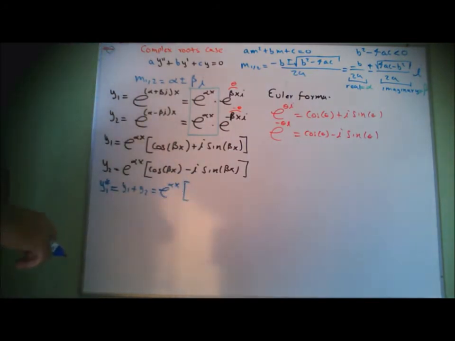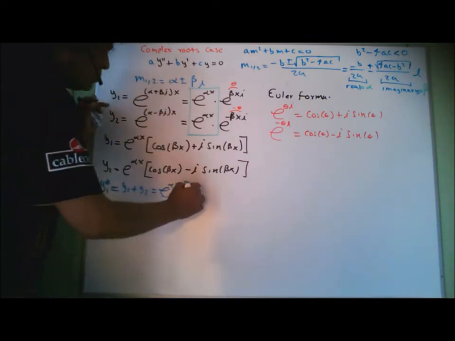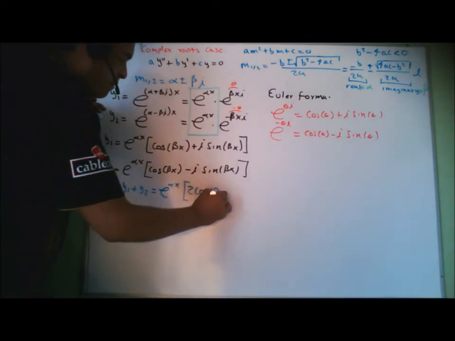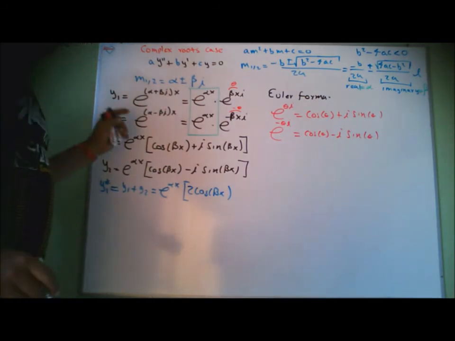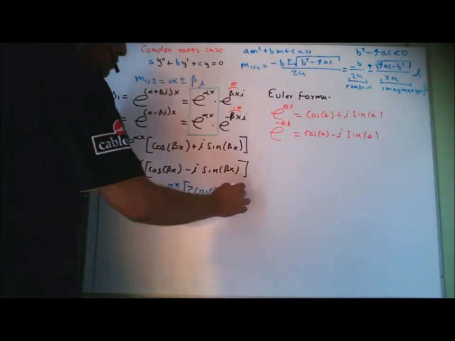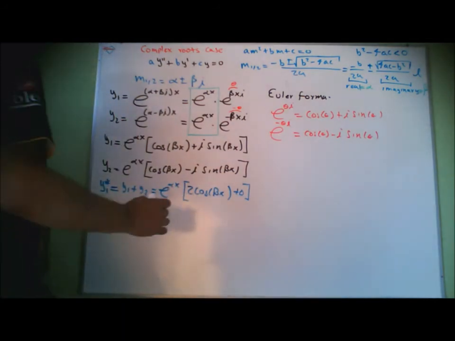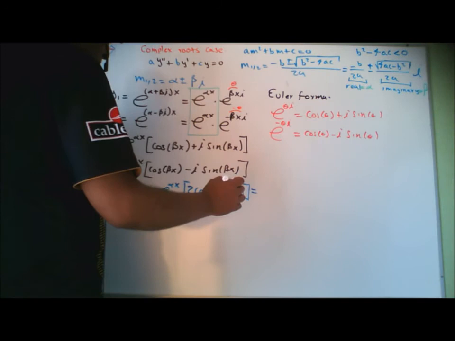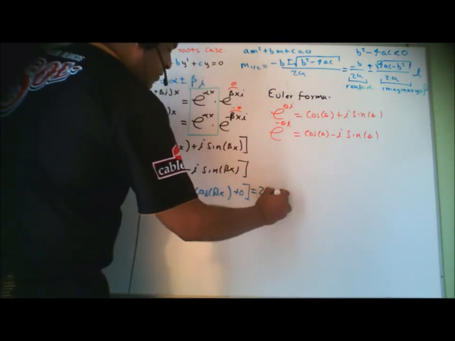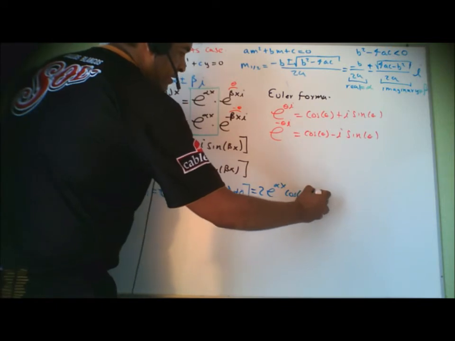But if we factorize here, then this is left. So if we add these two together, it's going to be 2 cosine of beta x. But what about this one? This is positive, this is negative, so it's going to be plus 0. So here is only 2 times exponential of alpha x cosine of beta x.